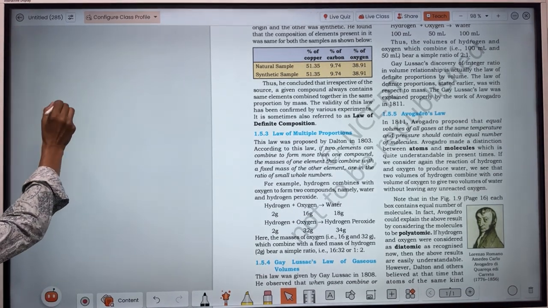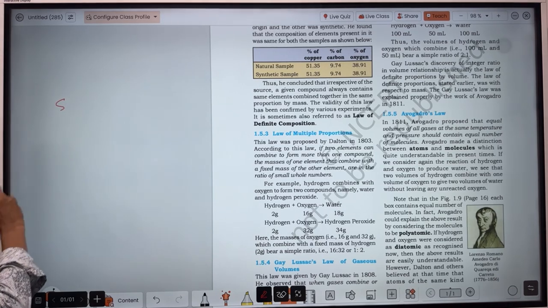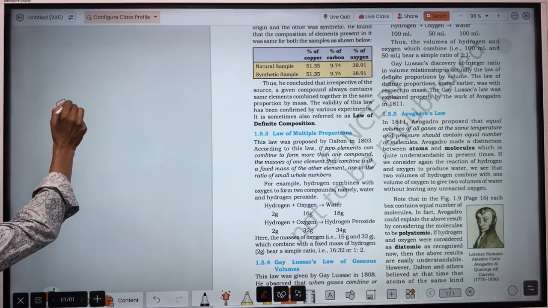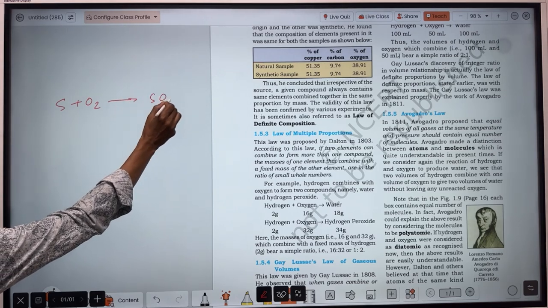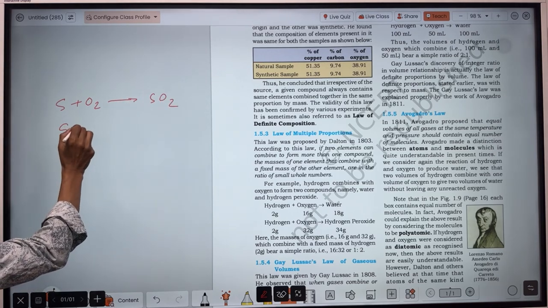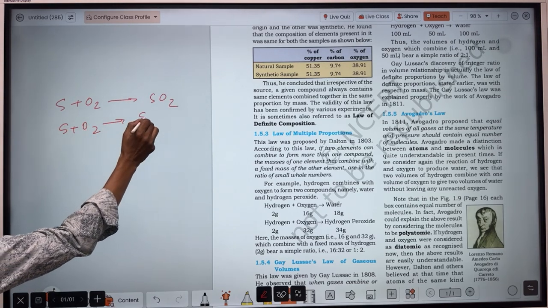When sulfur combines with oxygen, sulfur we write only S, but actually that is S8. So when sulfur combines with oxygen, there will be formation of SO2, and when sulfur combines with oxygen, there is also formation of SO3.